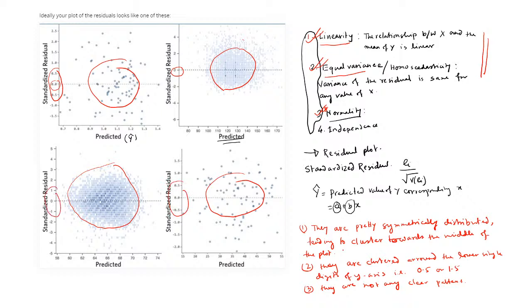They are clustered around lower single digit y-axis values, that is 0.5 or 1.5. Then we can say that the assumption of linearity and the assumption of equal variance or homoscedasticity hold.